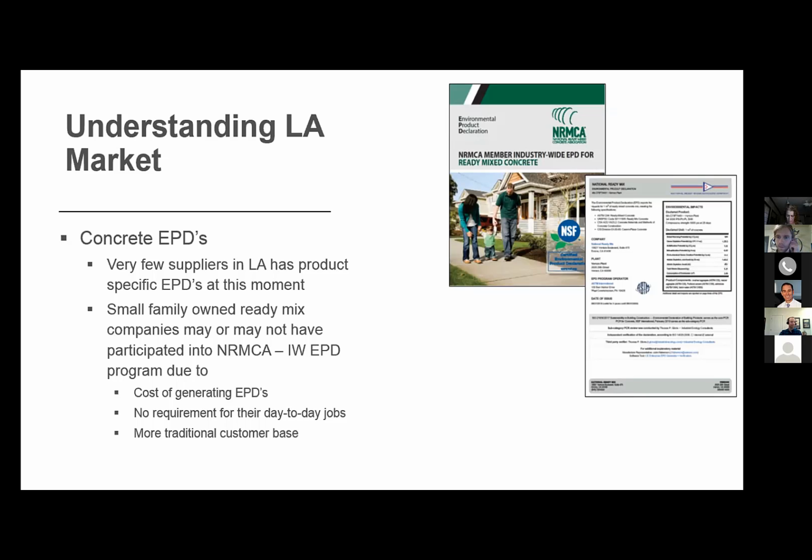It limits their ability to be really creative sometimes, but they do have them. And then there's industry-wide. Generally, the industry-wide numbers have higher values and are not as favorable as a product-specific EPD.